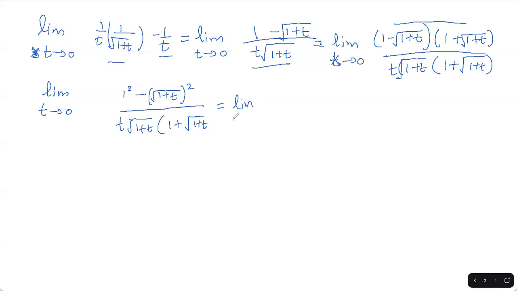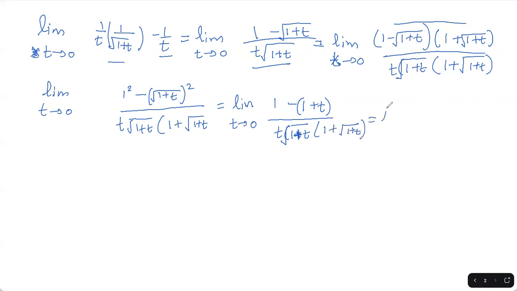Limit t goes to 0. In the numerator you have 1 minus the square of the square root, which is 1 plus t, right? We have 1 plus t here over t times the square root of 1 plus t times 1 plus the square root of 1 plus t.